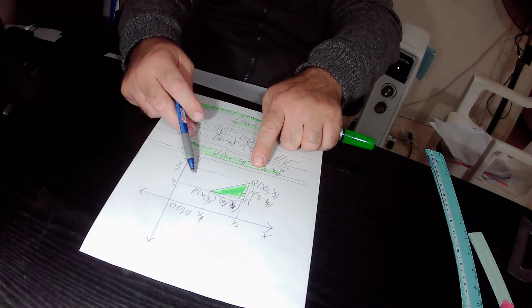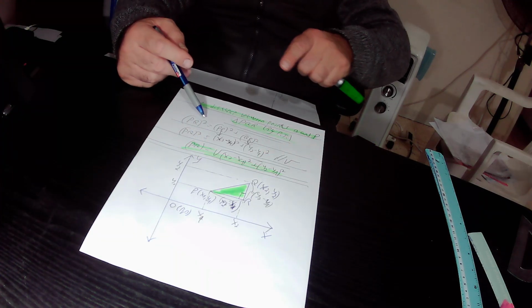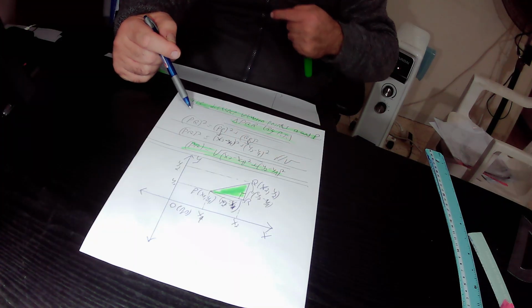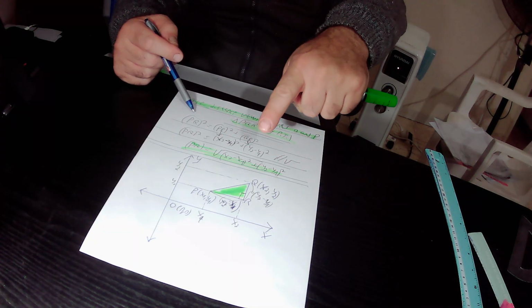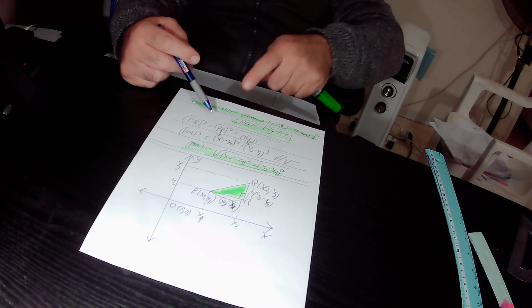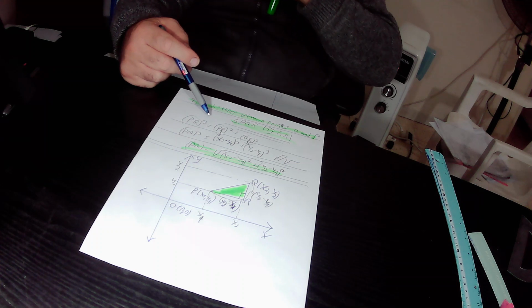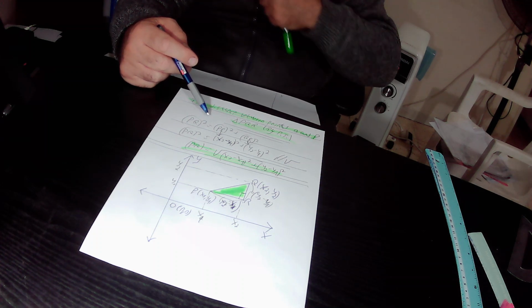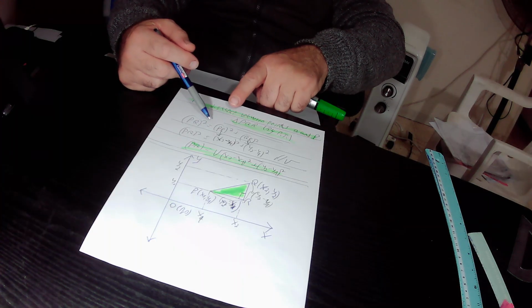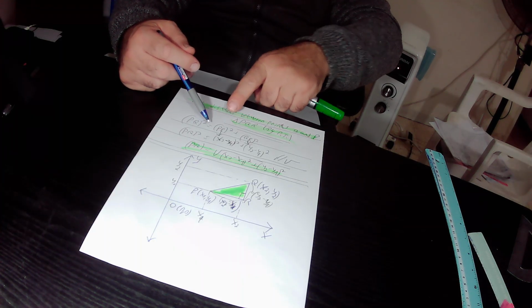So in this right triangle PQR, PQ square, that is the square of the hypotenuse, equals QR square plus PR square. Again, according to the Pythagoras theorem, PQ square equals PR square plus QR square. PQ is the missing hypotenuse, so leave it as it is, and it equals PR square.